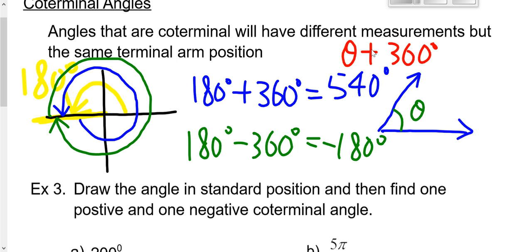You go counterclockwise, or you can go clockwise. In that case, that will give you a negative angle. So you subtract, okay? And depending on how many coterminal angles you want to get, if you do one rotation, that gives you 360. You can do another one, another 360, another 360, or you can go clockwise.